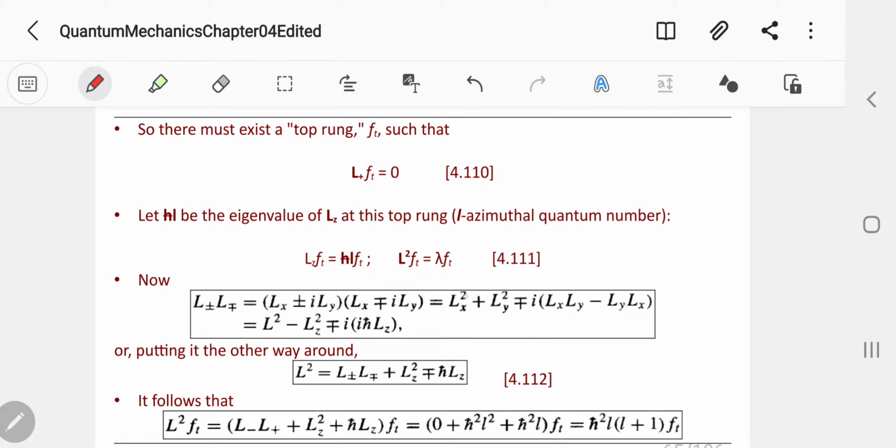So you can write your L square in terms of L plus and L minus and Lz.